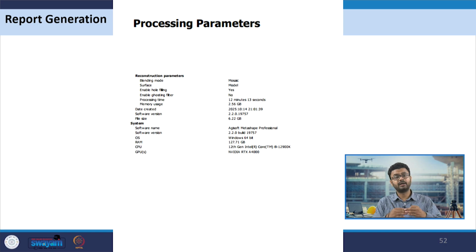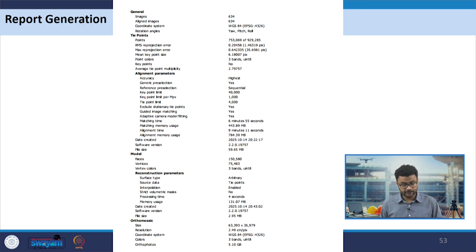After that, it also summarizes all the processing parameters which are given by the engineer in generating the digital surface model and the orthomosaic map. So important parameters can be what was the system setup for processing the data, what was the processing time, what was the memory usage, also again the number of images that was used, what is the coordinate system that was used, information about the tie points, information about the alignment parameters that were given by the users, information about the model that was specified by the user, and also in the end the orthomosaic was received.